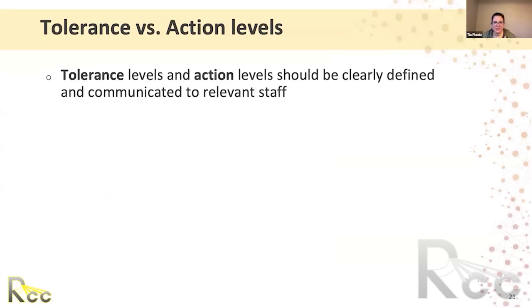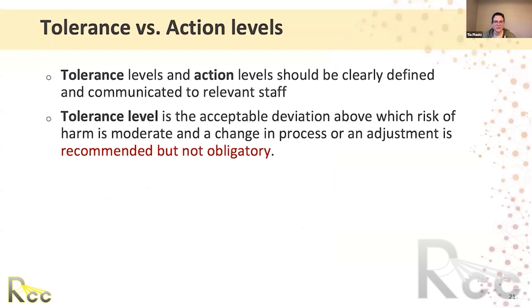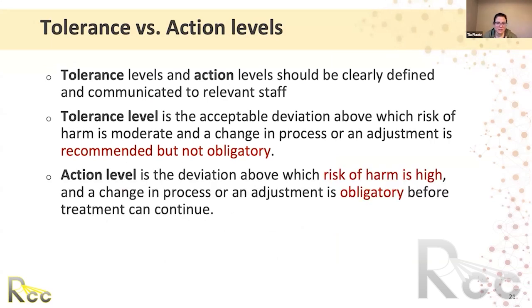A tolerance level is the level at which the acceptable deviation is fine. There's a risk of harm, but it's moderate, and a change in the process or an adjustment is recommended, but not obligatory. And an action level is the deviation above which the risk of harm is high, and a change in the process or an adjustment is obligatory before a treatment can continue.